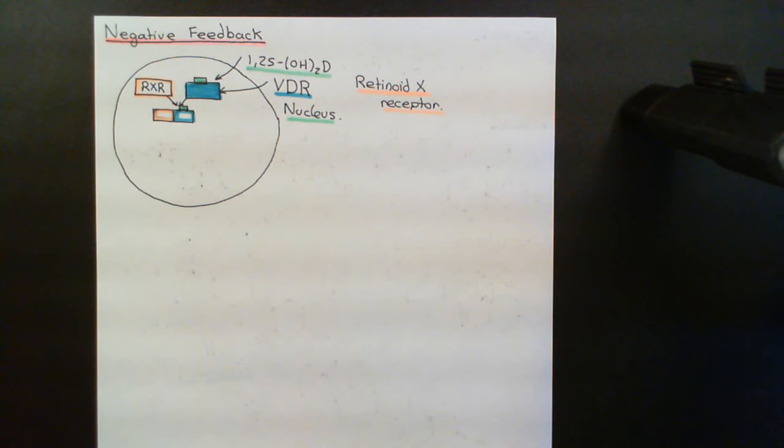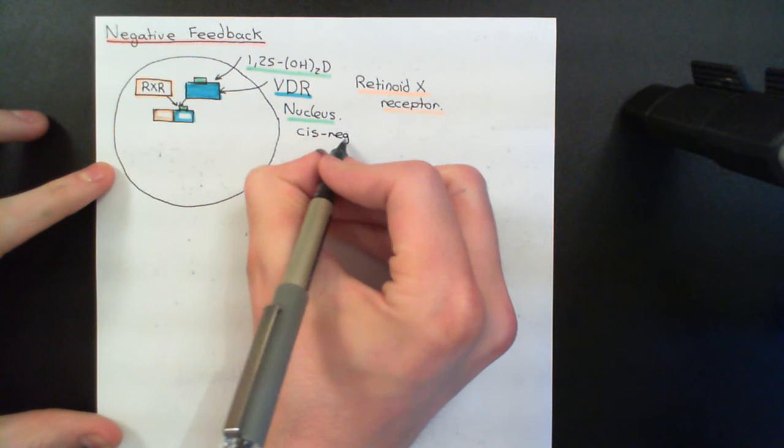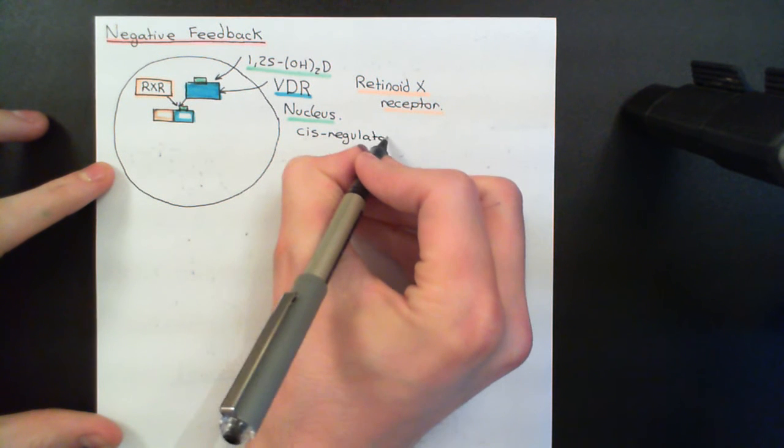Right, so now what is this heterodimer going to actually do? Well, of course, it's going to go and bind to a certain sequence of DNA. There'll be a certain sequence of organic bases, and I don't actually know what this specific sequence is for this specific heterodimer, but there will be a specific sequence of organic bases, usually around 8 to 10 in length, that this complex will now be capable of binding, and that sequence is known as the cis-regulatory sequence for this transcription factor.